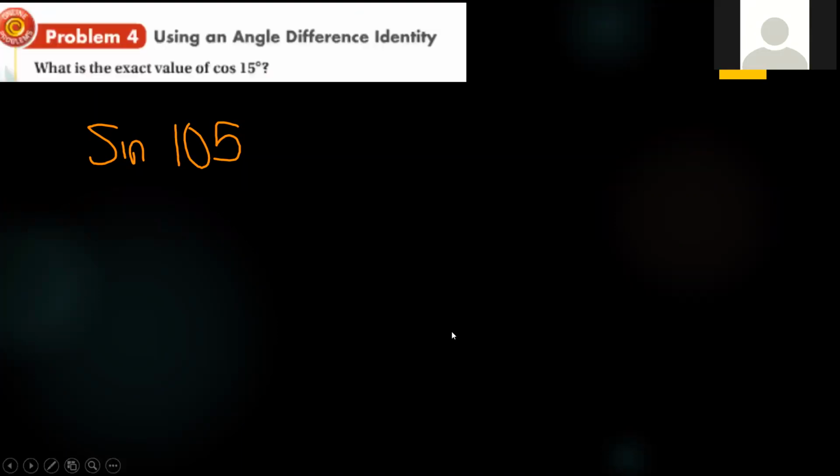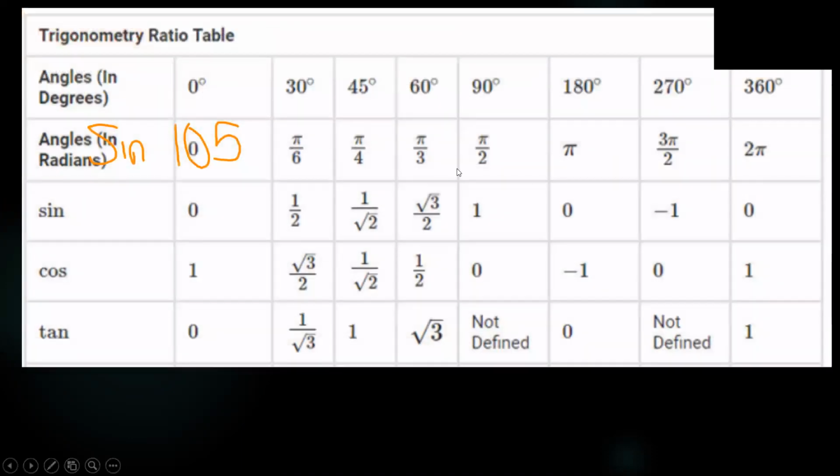Now, sine of 105, we need to solve it by an angle sum identity. Think of two angles that if you add them, you get 105. Let's come back to our table here. See which angles, if I add them, I get 105.